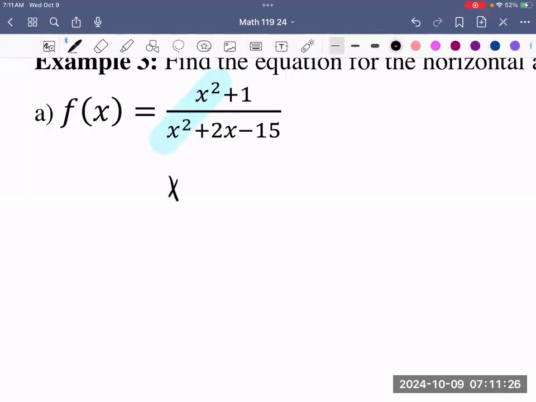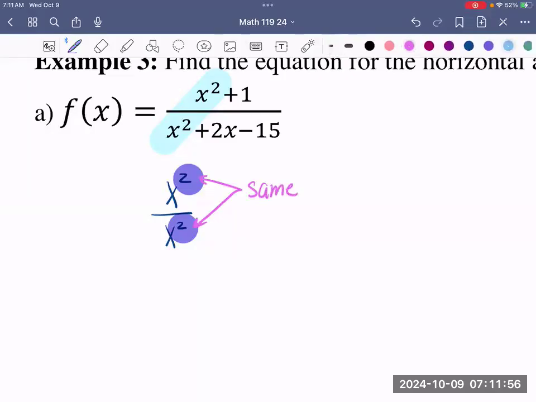So if we just isolate those two, we have x squared over x squared, and we analyze the degree of your terms. Because they are the exact same, we're going to look at the leading coefficients. We have one in front and another one. So y has to be equal to 1.